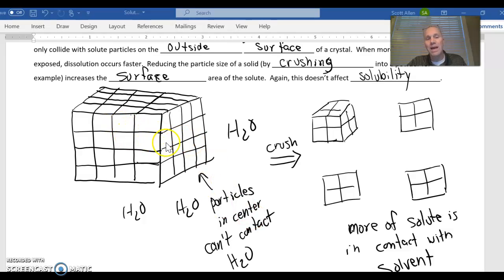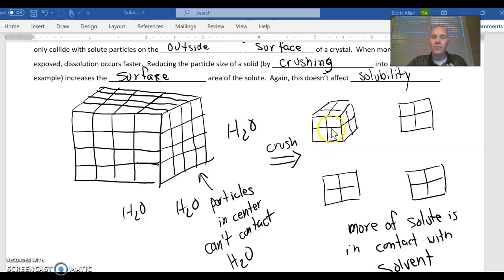So what happens when we crush that? I didn't draw all of these, but you would end up having 8 of these identical cubes that look like this right here. Notice that when you do this, all of the molecules would then be exposed to the water.